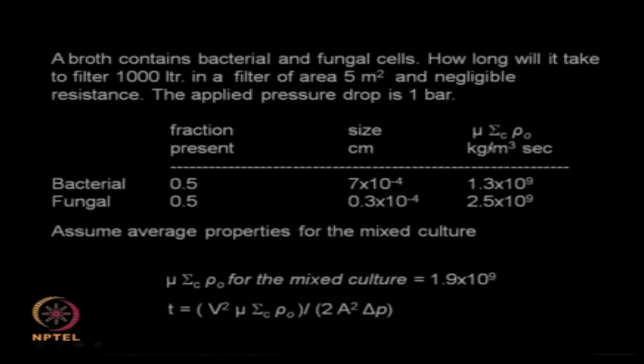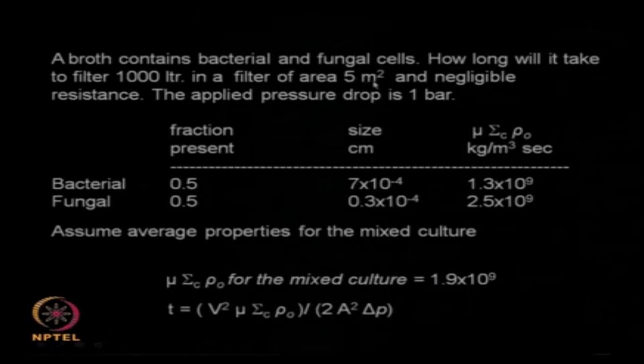Okay. So that means if you want to calculate the mu sigma c rho naught for this combined system, we can assume an average of 1.3 into 10 power 9 and 2.5 into 10 power 9. So that is what it says, we can assume average properties. So the problem becomes very simple.